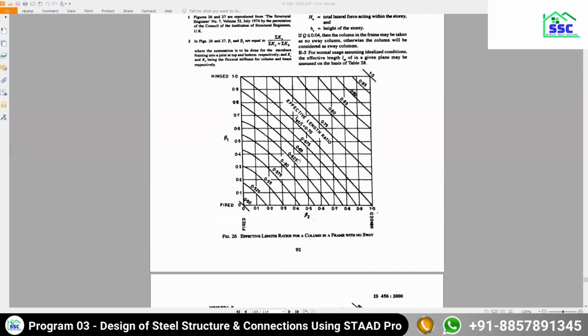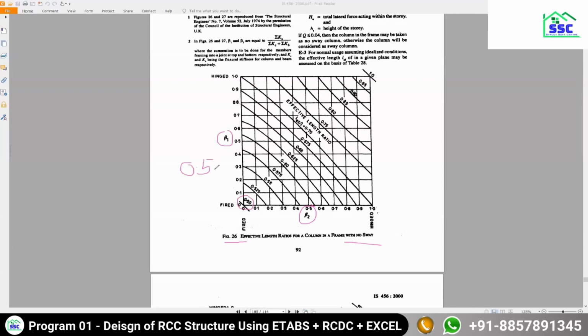If you see these tables in detail, in your table for a non-sway frame, the effective length factor starts from a value of 0.5 and the maximum value that you get is 1.0.